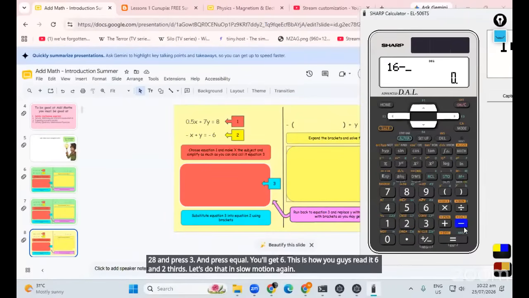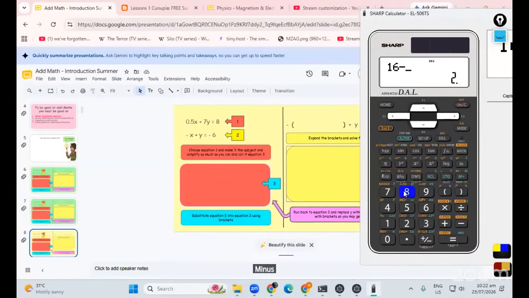Let's do that in slow motion again. 16 minus, press 28. Look at the ABC button here. Press the ABC button and then type in the denominator, which is 3. And press equal. Bam. 6 and 2/3. I did it twice. I think that's the best I can do right now.